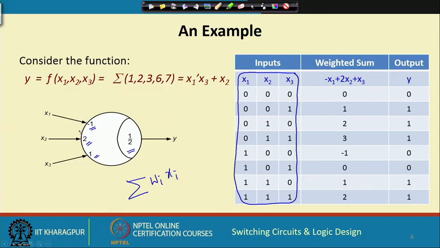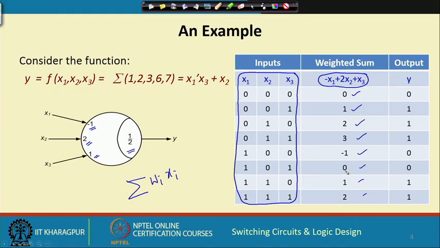So, here the expression will be minus x1 plus 2 x2 plus x3. With respect to the values of x1, x2 and x3, if you calculate this expression, the values that you get are 0, 1, 2, 3, -1, 0, 1, 2. You can check. For example, for 0, 1, 1, it will be 0 plus 2 into 1 plus 1, which is 3. For 1, 0, 0, it is -1 plus 0 plus 0, -1.